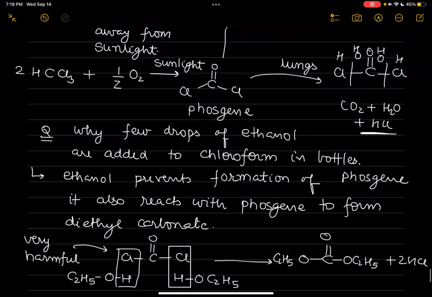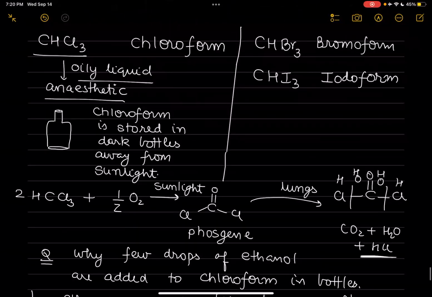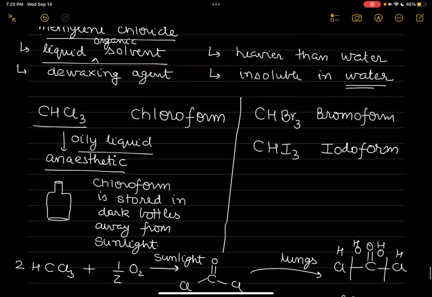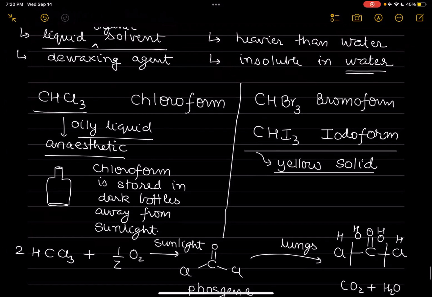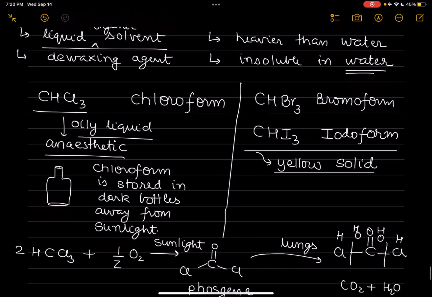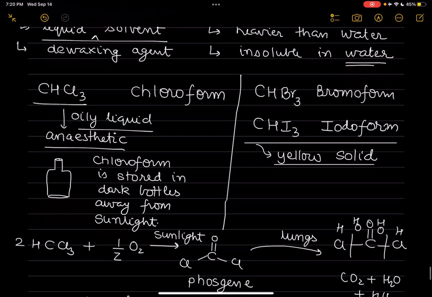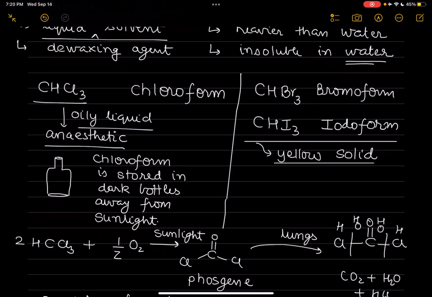Now this is iodoform. Iodoform is a yellow solid. So very important, yellow solid. Out of these, you can make out iodoform very quickly because it is solid and yellow colored. It breaks very easily because the iodine bond is weaker.